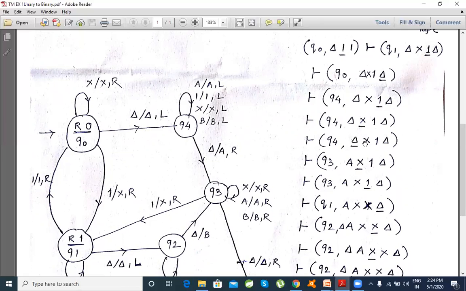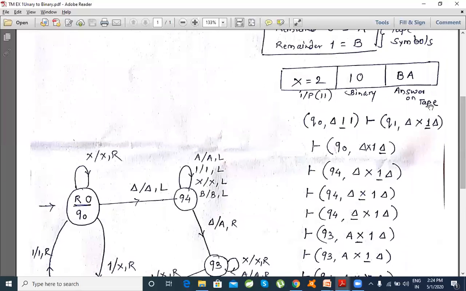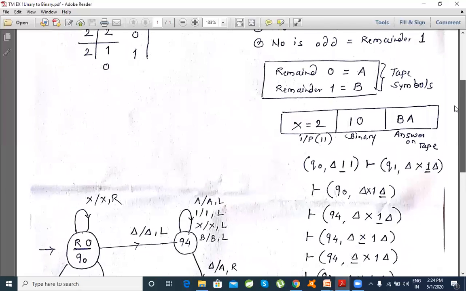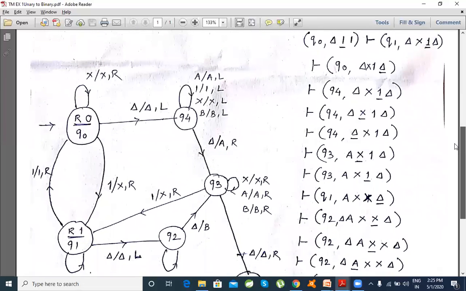Okay, we crossed our input and we come back to an empty cell on the left, where I need to output my first remainder. So being in Q4, if you're reading null, when you reach the leftmost null, the machine writes the answer by replacing null by A. What A stands for, as we have looked at, is nothing but your remainder. So the remainder is 0. We took the exit from this end, so I need to write A on the tape. So this is what the machine is following.